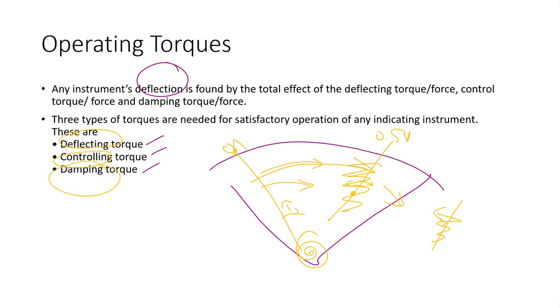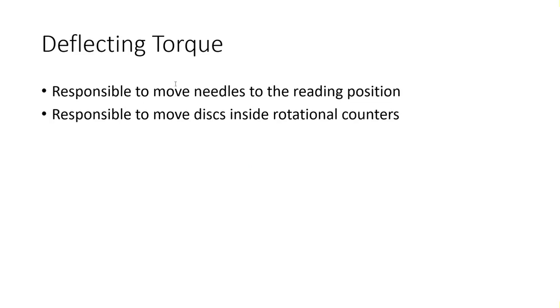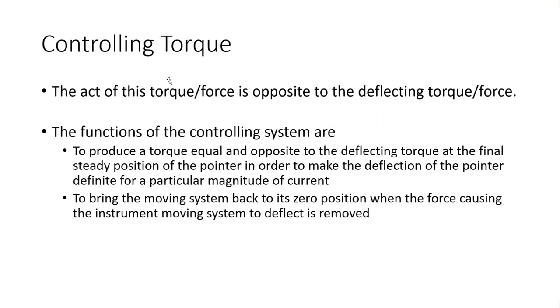Let's discuss it further. Deflecting torque is responsible for moving a needle to the reading position, and it moves discs like these type of discs continuously for rotational counters. The controlling torque is the torque which is opposite to deflecting torque. So when we say that TD is equal to TC, at that time the needle is giving us a reading.